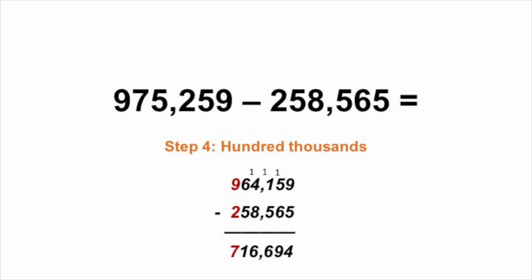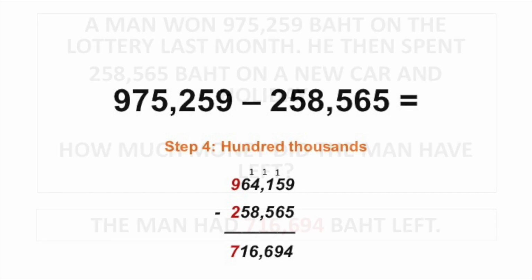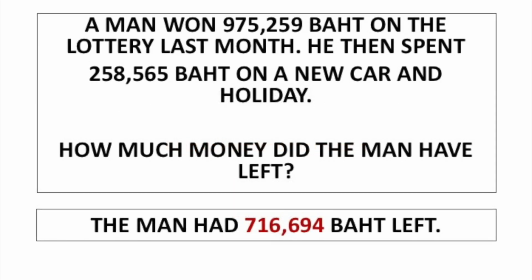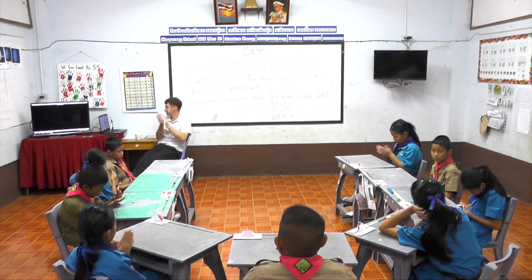So in answer to our word problem, we can say the man had 716,694 baht left. And that's how we answer subtraction word problems. Any questions, guys? Okay, that was excellent. Well done.